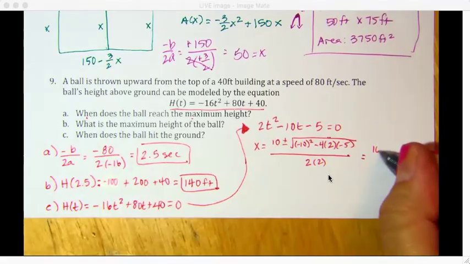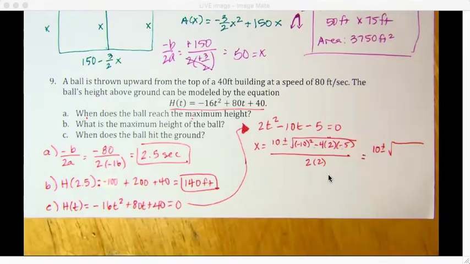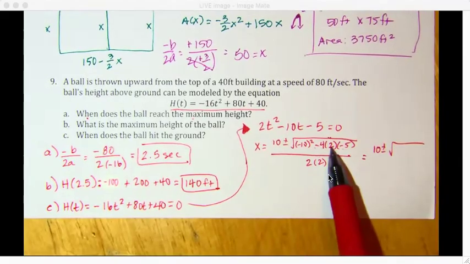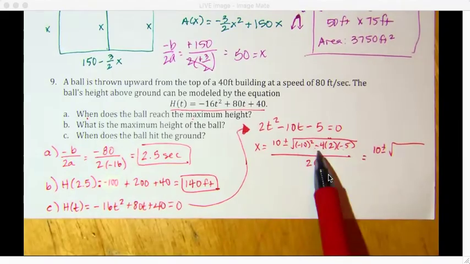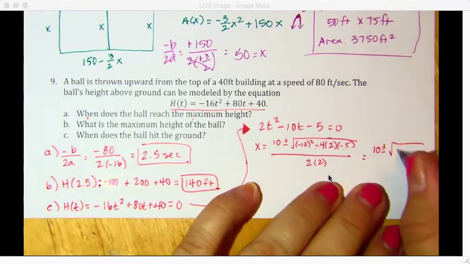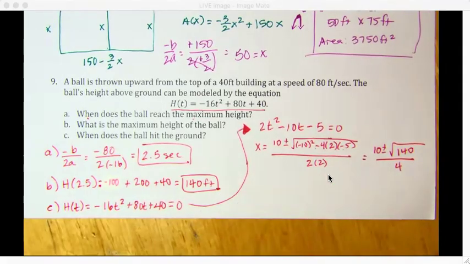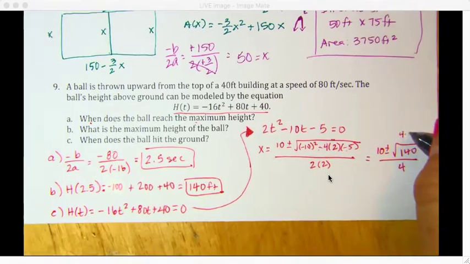And we end up with 10 plus or minus the square root of a negative times a negative is going to be a positive. 4 times 2 is 8, times 5 is 40. So 100 plus 40 is 140 over 4. 140 is divisible by 4. And so this is 4 times 35.